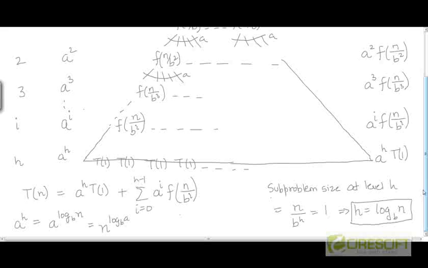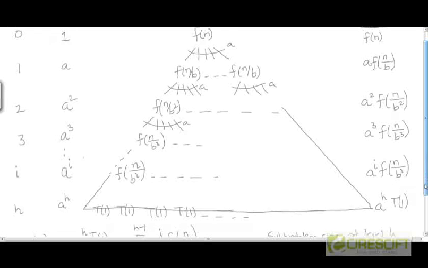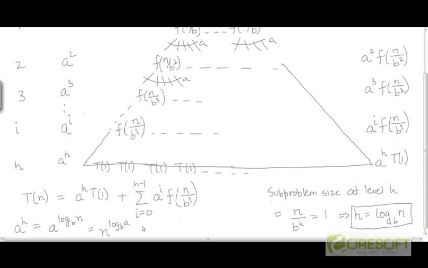And in the third case, where these level sums form an increasing geometric progression down the tree, you would expect the last term to be the dominant term. The first term is f of n, the last term is a to the power h times t of 1, which is n to the power log of a base b times t of 1.